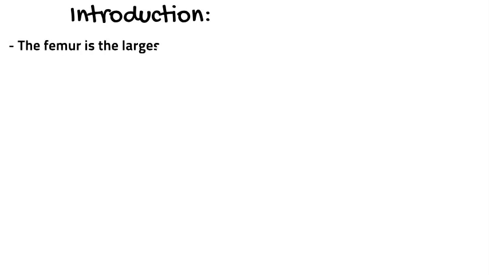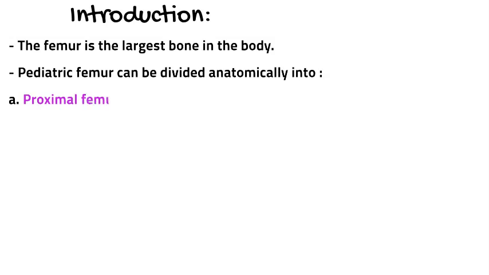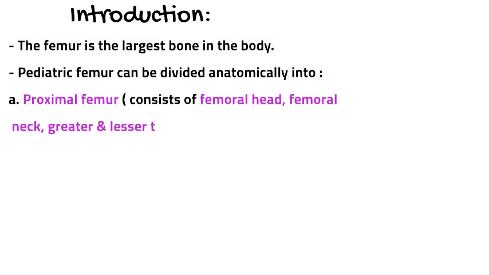As an introduction, the femur is the largest bone in the body. Pediatric femur can be divided anatomically into A. Proximal femur, which consists of femoral head, femoral neck, greater and lesser trochanter.